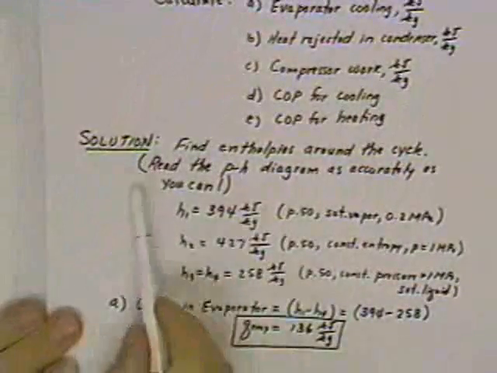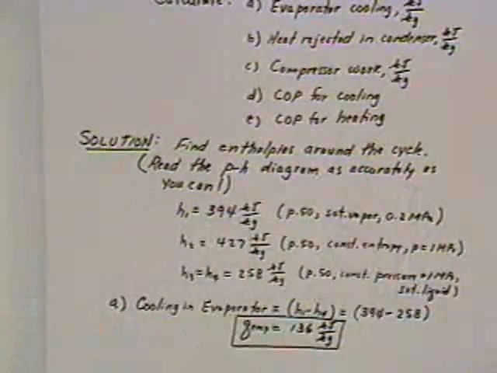And I've got a little note here: read the pH diagram as accurately as you can. These pH diagrams are probably as difficult to read as any type of figure that you'll run into. So just do the best you can in going around the cycle and doing the analysis.